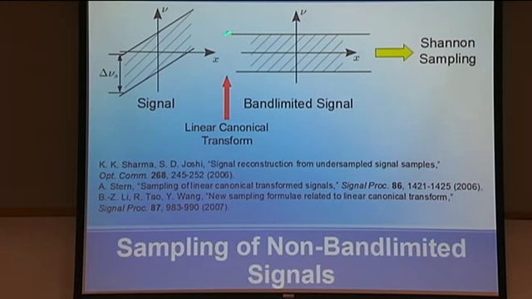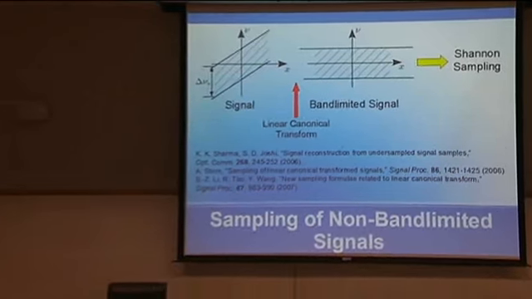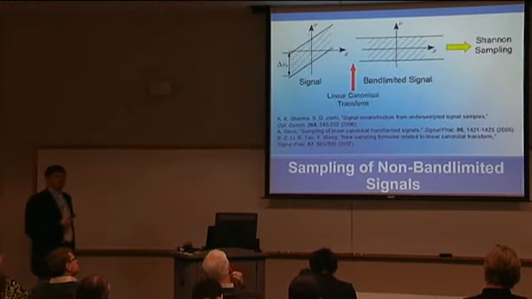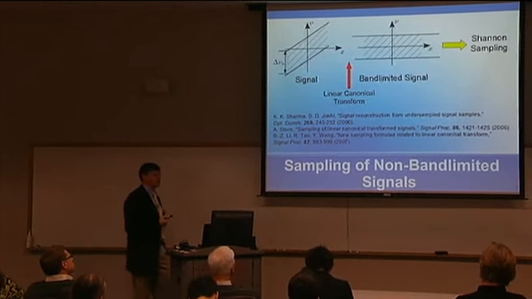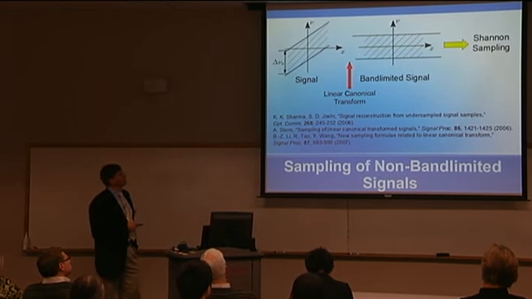It should be said that there was a recent surge in publications that try to use these concepts to actually construct sampling theorems, generalized sampling theorems for signals that we could not sample just by invoking the Shannon-Whittaker sampling theorem.